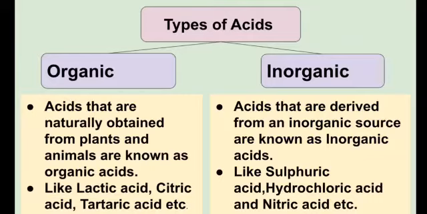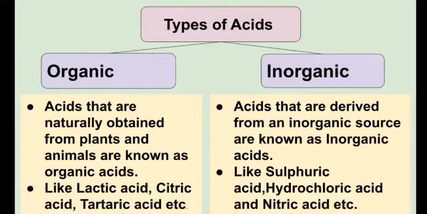And the things which are synthetic, man-made or made in laboratories are called inorganic or synthetic. Correct? So let us discuss the organic ones. Acids that are naturally obtained from plants and animals are known as organic acids, like lactic acid, citric acid, tartaric acid, etc.